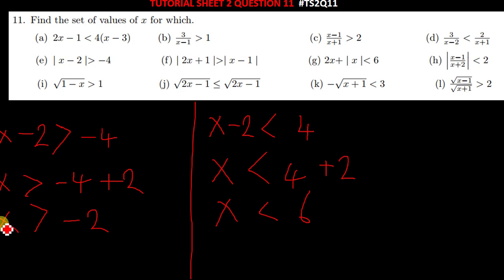We have x is greater than negative 2 and x is less than 6, meaning the range of values of x for your question is just, if you want you can say negative 2 is less than x, which is less than 6. Yeah, so you can write it this way, or you can also say the values of x are between negative 2 and 6.